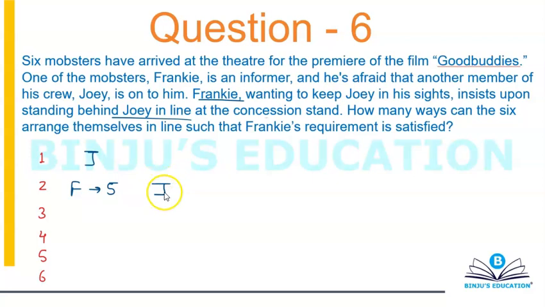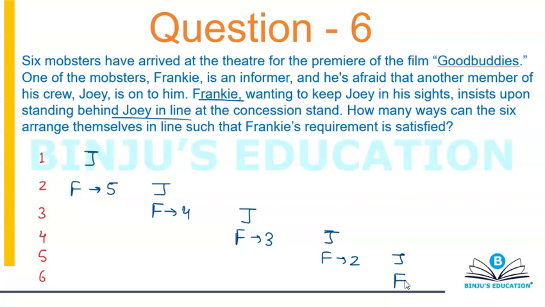If Joey is at the second place, then Frankie will have 4 places, that is 3, 4, 5 and 6. If Joey is at the third place, then Frankie will have 3 places. If Joey is at the fourth place, then Frankie will have 2 places. And if Joey is at the fifth place, then the only place for Frankie is position number 6.